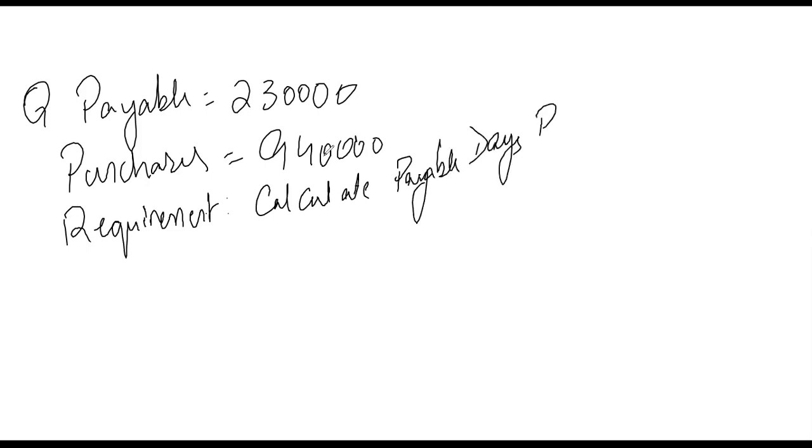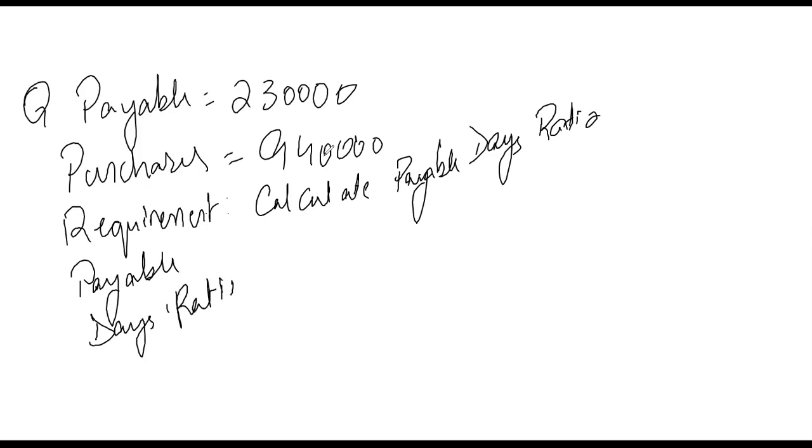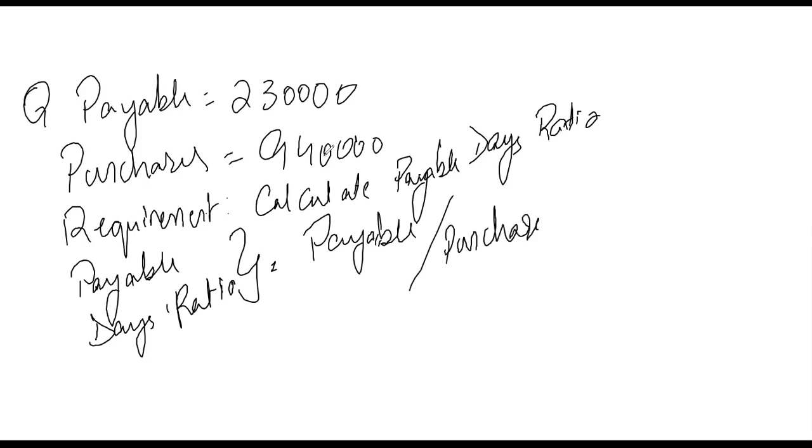Now, if I want to calculate the payable days ratio, what I need to do is divide the payables by purchases, multiplied by 365.